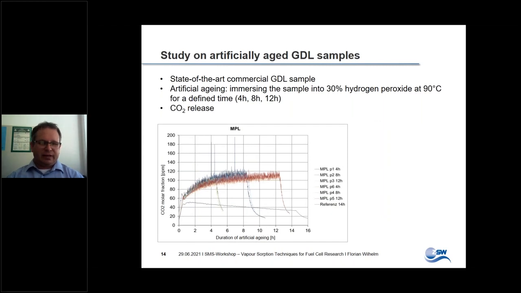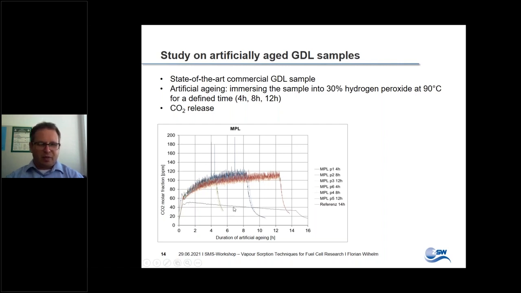What we measured is the CO2 release as a measure of what is the amount of material that is destroyed by the hydrogen peroxide, or at least affected. And as you can see, for the different duration, the first experiment ends here after 4 hours, the second one here after 8 hours, the third one after 12 hours.